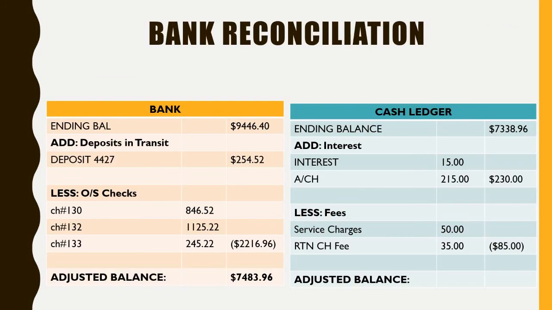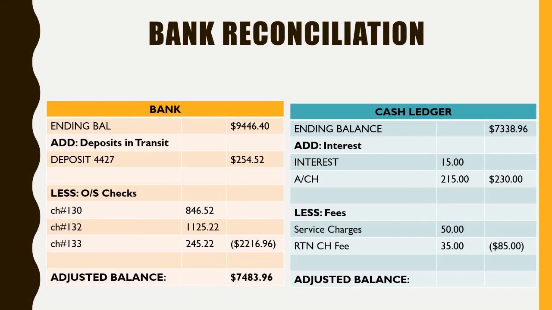So how this works when I calculate it is that I'm going to start with my ending balance. I'm going to add the interest that I've earned, right? Things that I charge my customers for, okay? And then I'm going to subtract any fees that the bank has charged me because once again, the bank knows that. They already automatically took it out of my checking account without letting me know. I only know because I looked at my bank statement.